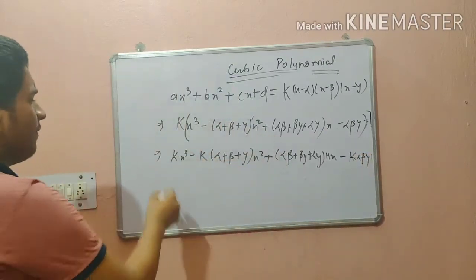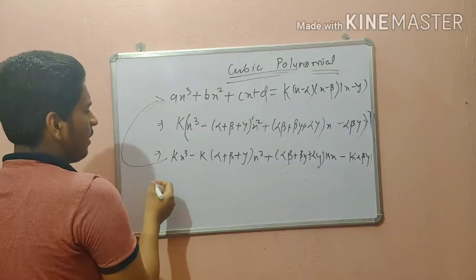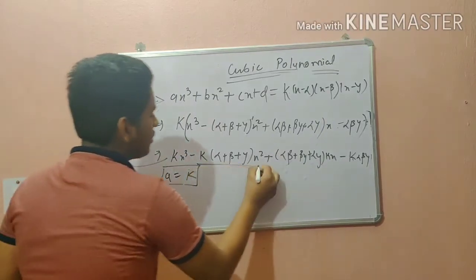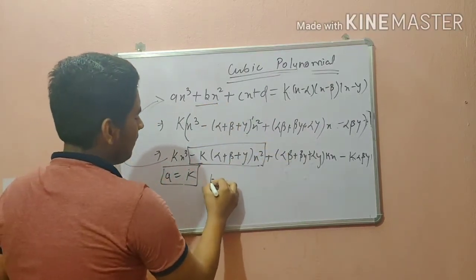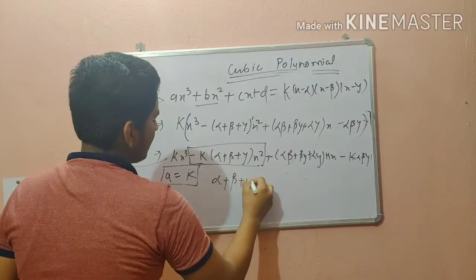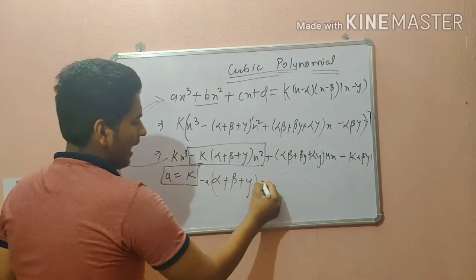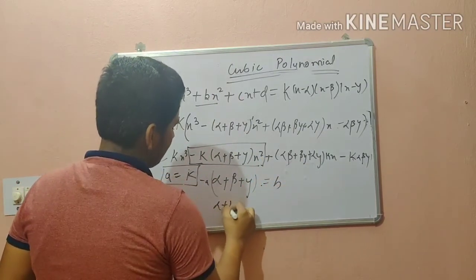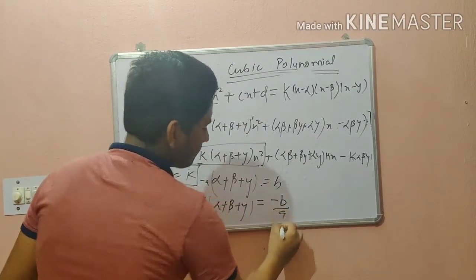And similarly we will equate this with the general polynomial. When kx cube is equated, ka will be equal to k. When this is equated with b, b equals minus k (alpha plus beta plus gamma), and k is minus a, so alpha plus beta plus gamma equals minus b by a.